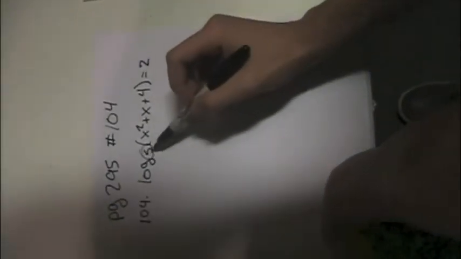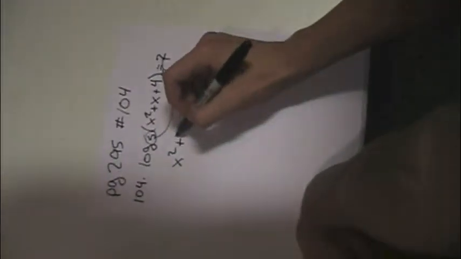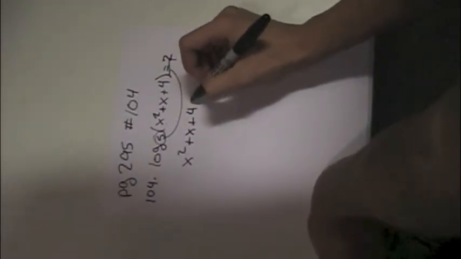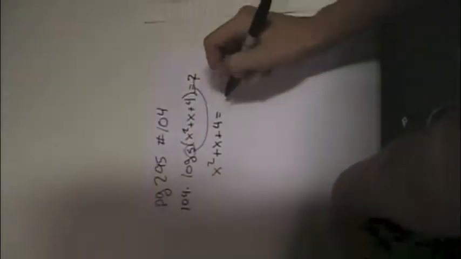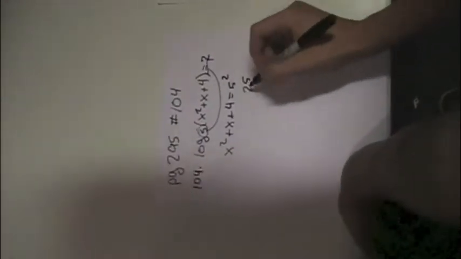So for this problem, to get rid of the log, you do the Tarzan. You get x squared plus x plus 4 is equal to 5 to the second, which is 25.